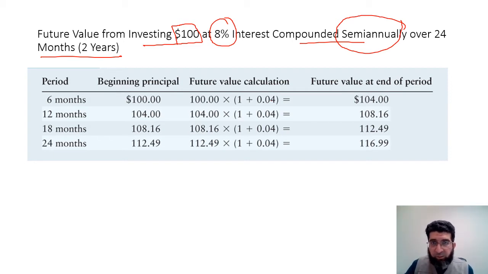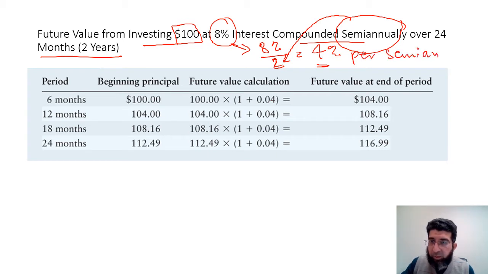We divide the interest rate, 8% divided by 2, which is 4% per time period. Since it's semi-annual, we divide by 2. This is per semi-annual time period.